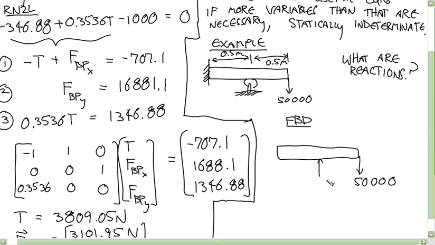So I'll just call that R. And what kind of load do we have here at the wall? Full force and a couple, because it's a fixed joint. So I'll call this the force on the body by the wall, and I'll call this the moment on the body by the wall.